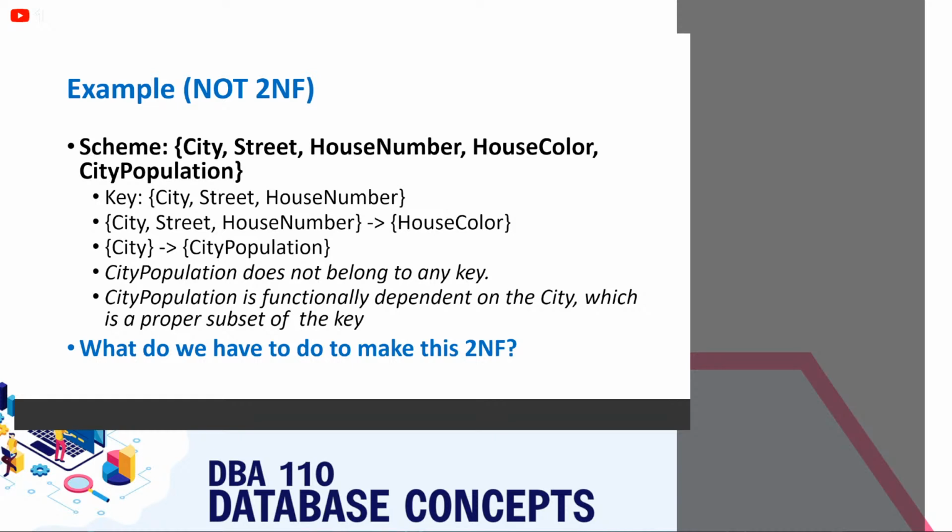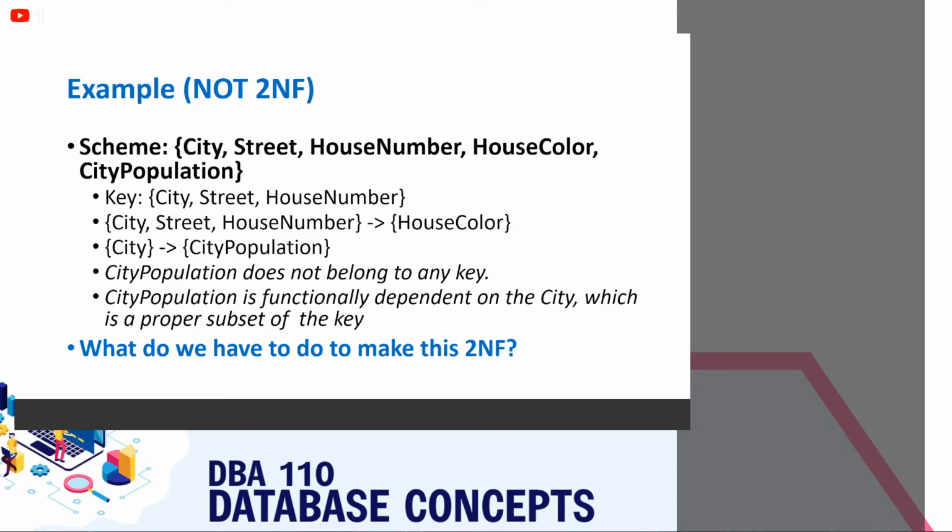Then in table 2, we have our key city, which has the other column city population, which is functionally dependent on city.